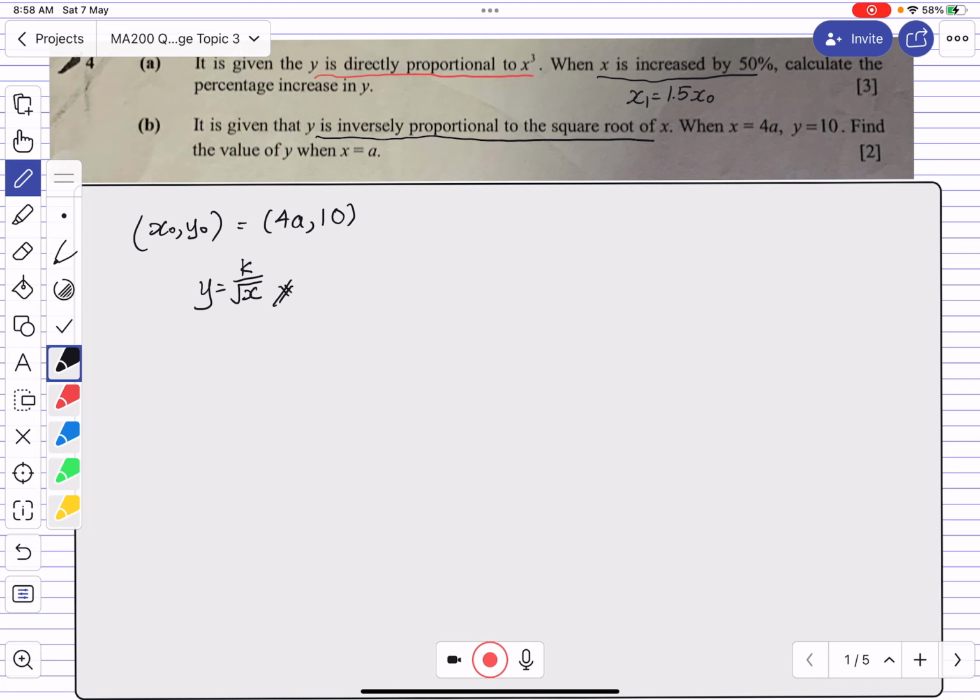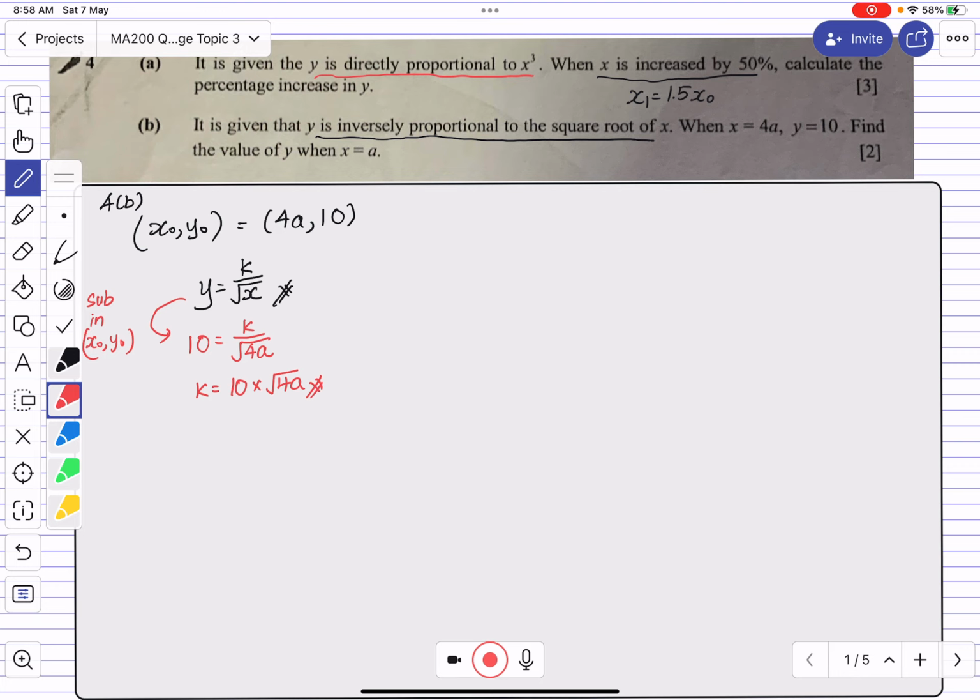This is the equation that we have for part B. When x is equal to 4a, if I substitute my x naught and y naught, I will have y naught as 10, equal to k over the square root of x naught, and x naught will be 4a. This also tells me that k is just 10 multiplied by the square root of 4a.